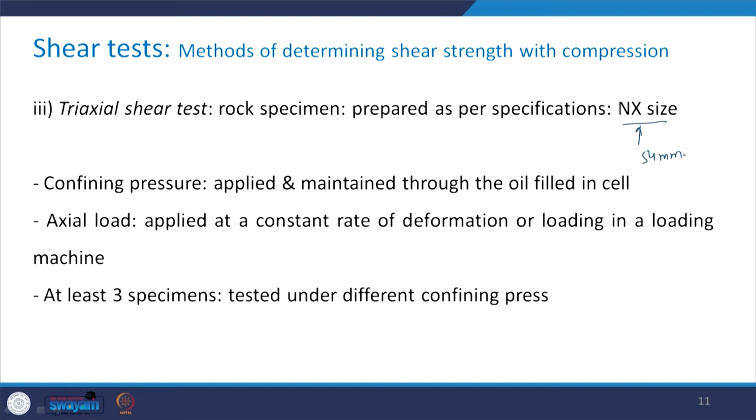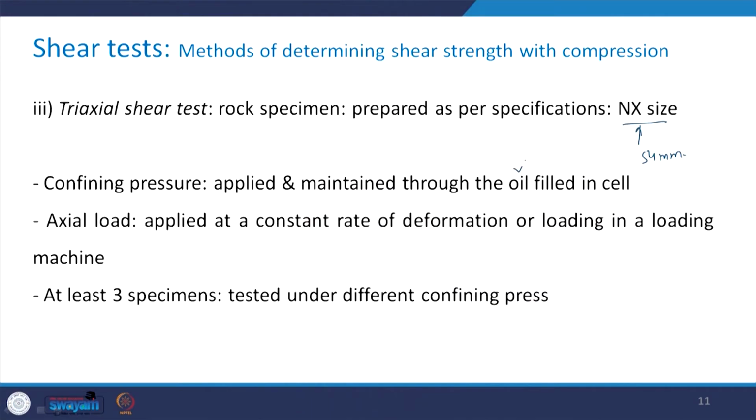Then in the case of soils, we apply the confining pressure with the help of water. But here in the case of the rock specimen, we will be mobilizing confining pressure through the oil which is filled in the cell. The reason being that rock has much larger shear strength as compared to soil, and it is really not possible to mobilize that order of confining pressure with the help of water, and therefore, oil is used for this purpose.